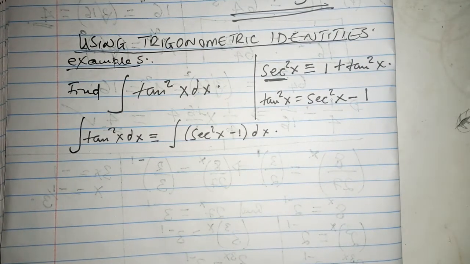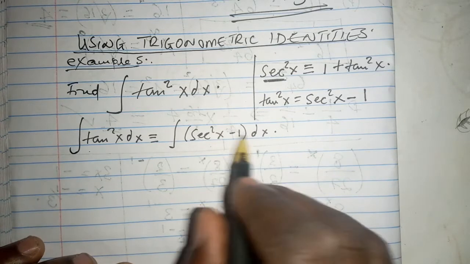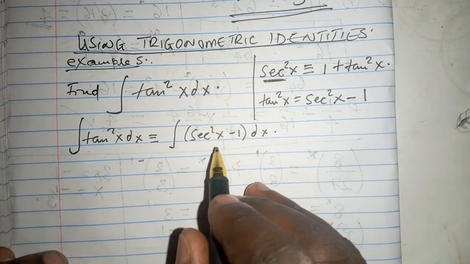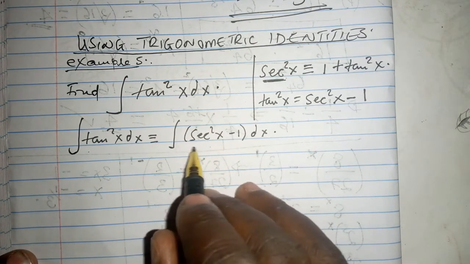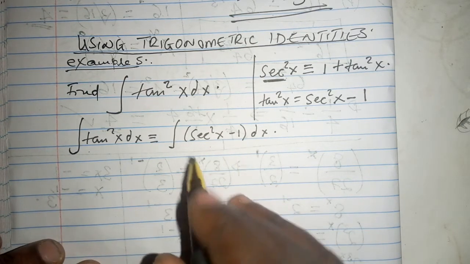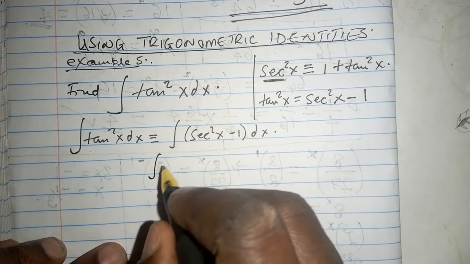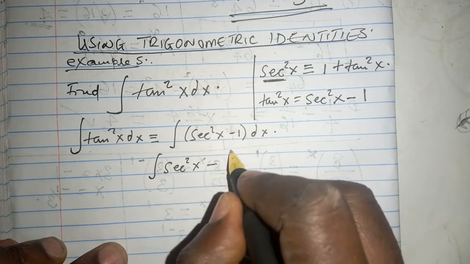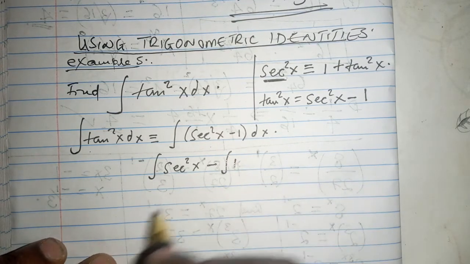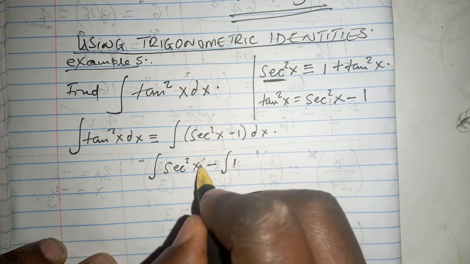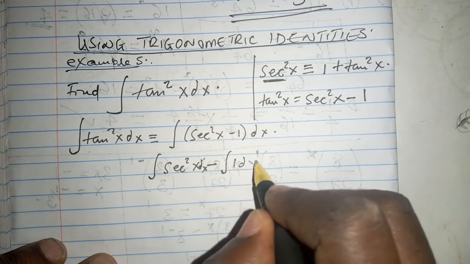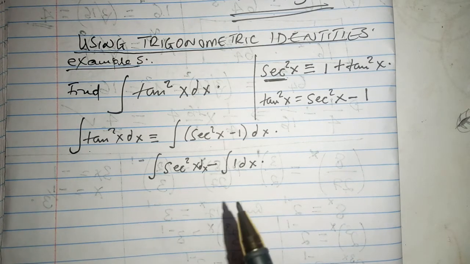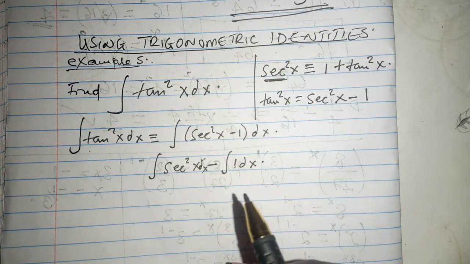We can clean up this expression, because we can integrate each term at a time, or rather write it as the integral of sec squared of x minus the integral of 1, both with respect to x. Directly, we all know the integral of sec squared x.